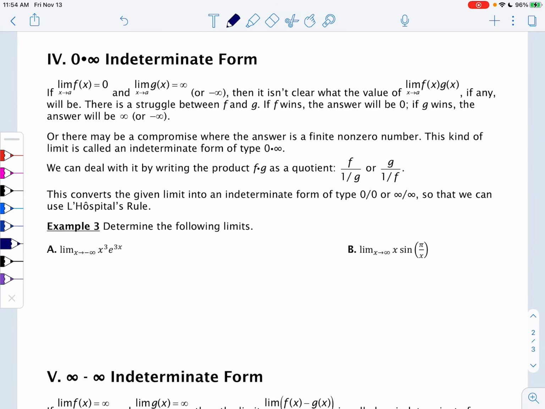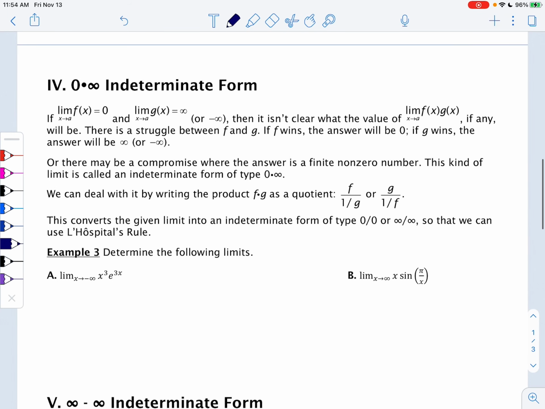So I'm going to jump ahead to what happens if we end up with 0 times infinity when we're taking our limit of f of x times g of x, or even an f of x over g of x. Well, then we're going to use an algebraic manipulation to turn it into a limit that will go to 0 over 0 or infinity over infinity.